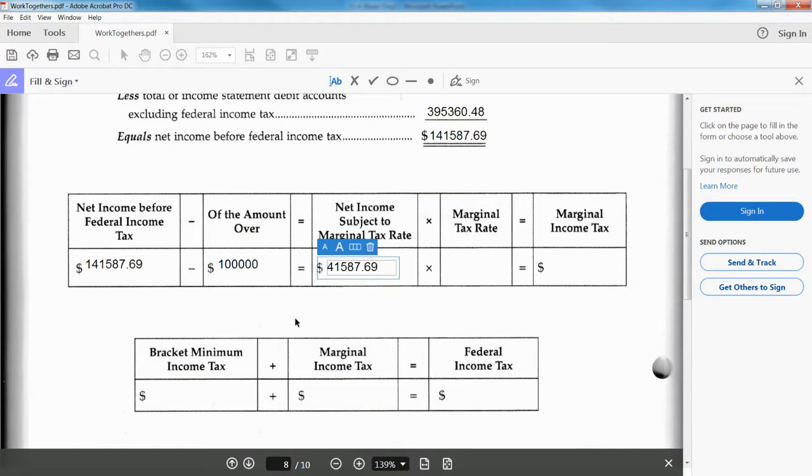And then from our book, we find out the marginal tax rate, and that marginal tax rate chart is on page 458 in your textbook. It's 39%.